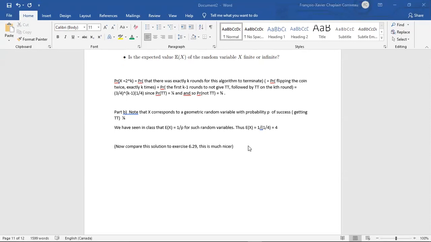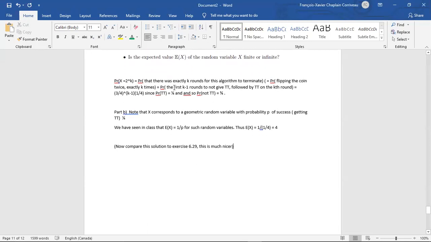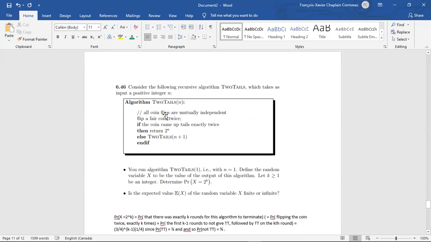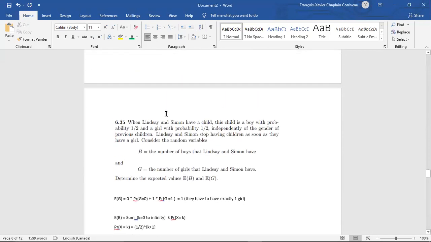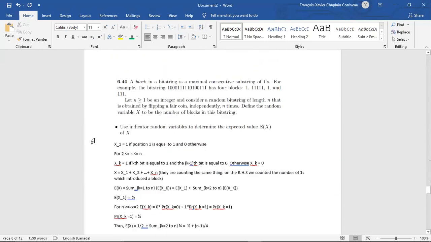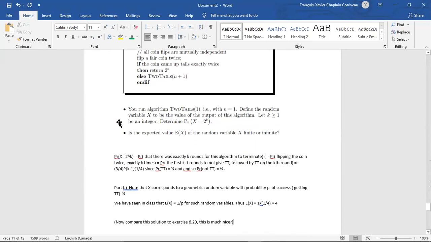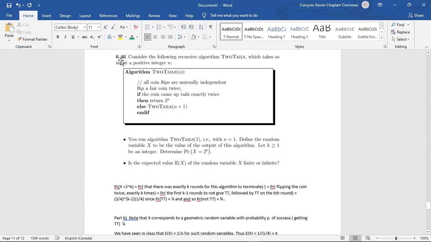So be careful about what I'm saying. The problem 6.29 can be translated into this problem. And it's a neat trick: instead of flipping 1 coin at a time, you can flip several at a time.